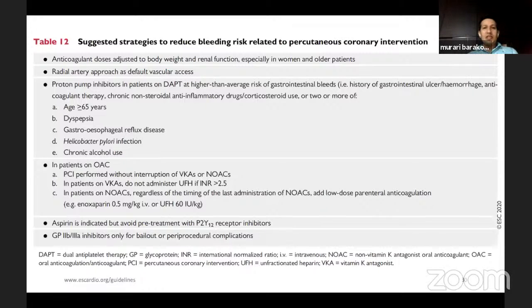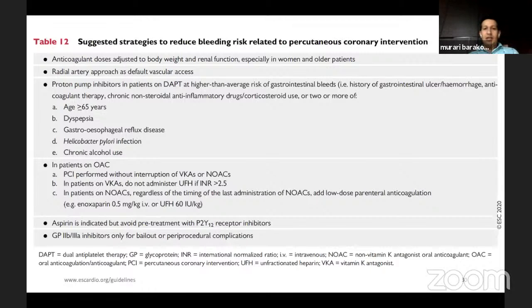PPI is especially useful, and we usually prefer to give it in all of the patients, but it is more important if we are treating patients older than 65, having dyspepsia, GI reflux, H. pylori, and if the patient is on an oral anticoagulant, rather than interrupting, we can continue the VKA or NOAC drugs.